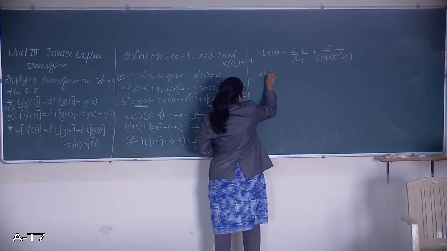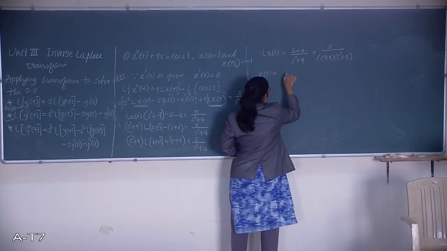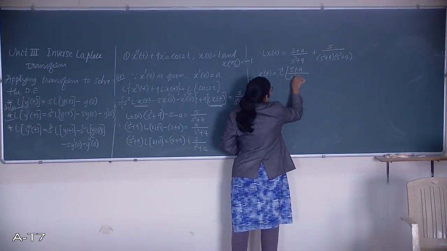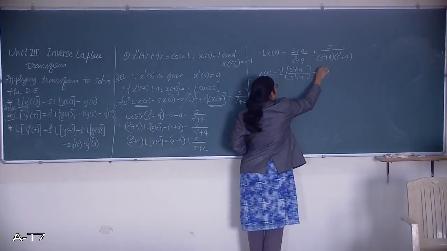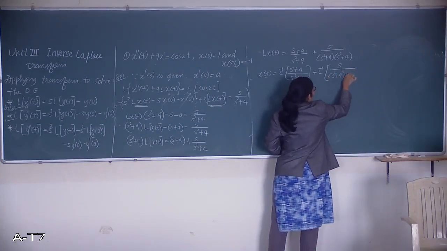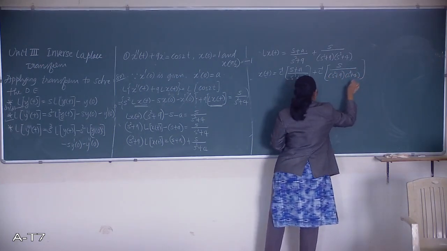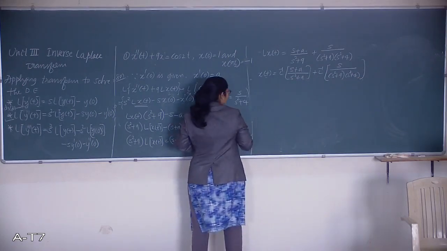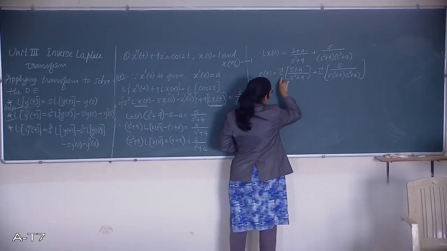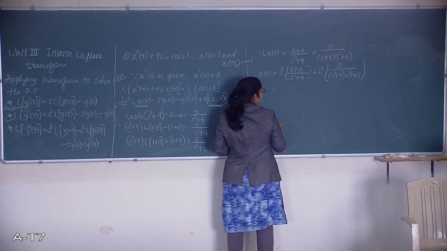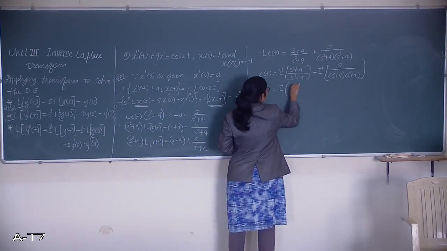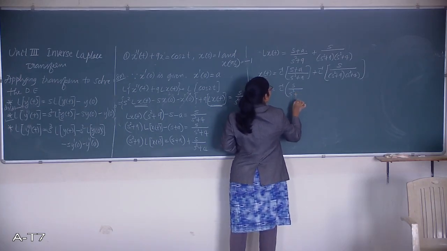As I told, we are solving for x of t, so obviously now take the inverse of each and every term separately, so that the first one will be L inverse of s upon s square plus 9.